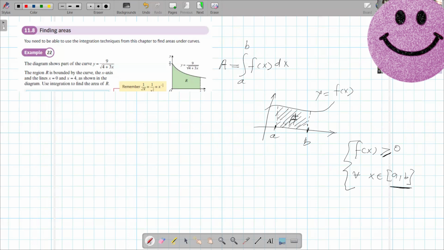This area can be calculated by calculating the definite integral simply.